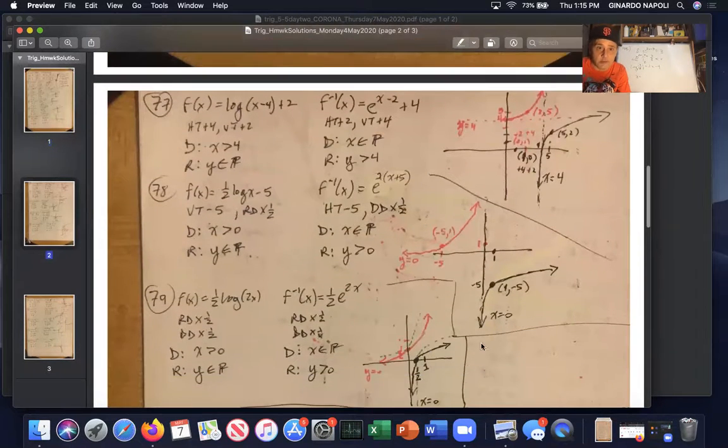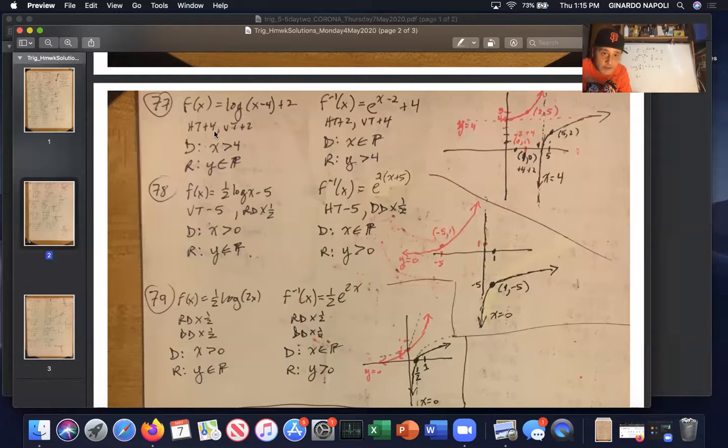So let me see. And then here I went ahead and like I showed you all in class, since this was just horizontal and vertical translations, I added to what would have been 0, 1 and what would have been 1, 0. I just added the horizontal and vertical translations and moved that new point, so the vertical asymptote moved over 4, the horizontal asymptote moved up 5, or my bad, 4.